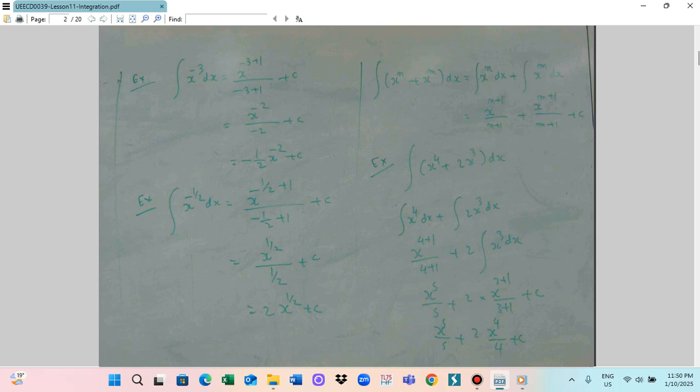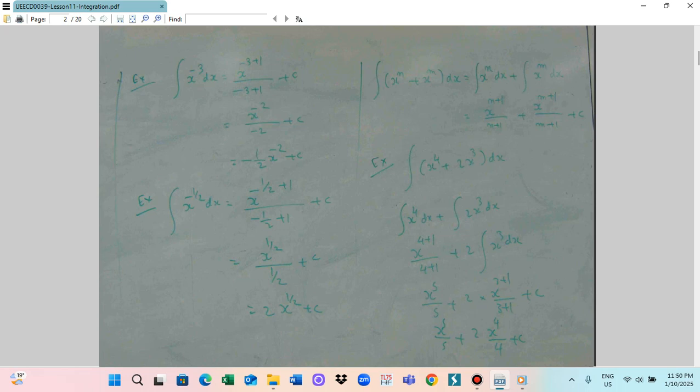Okay, another one is when you make the integration, you can also calculate for an addition function. For example, h power n plus h power m dx. So this one we can also integrate.